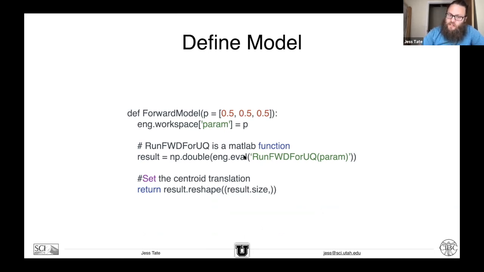And so what it's doing is this Python function is calling this MATLAB function and returning the result back to Python, which will then run it in UncertainSCI. So it's got a few layers of interaction, and for more information about this, we can certainly answer specific questions. This example is going to be online, and you can look at that, and we can help you as much as we can.